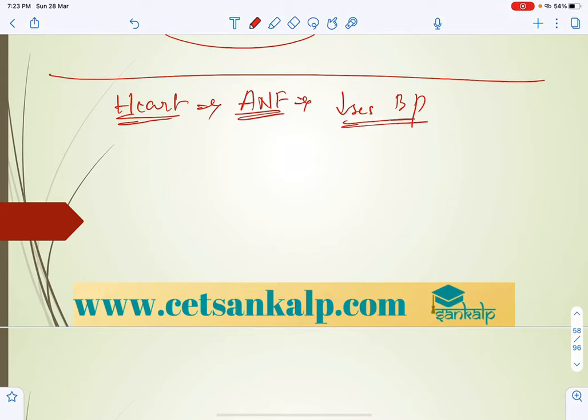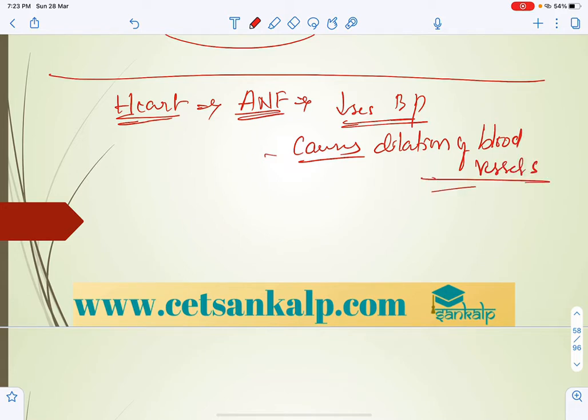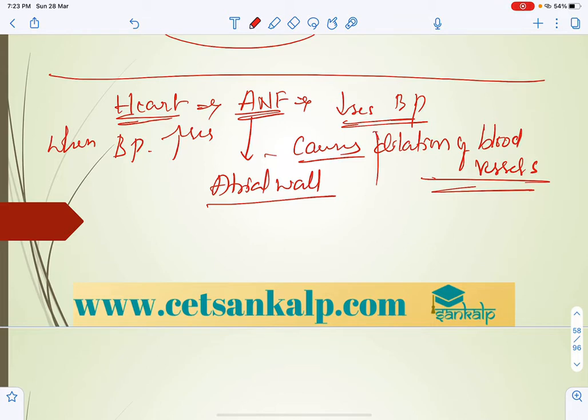It causes dilation of blood vessels. This happens when blood pressure increases and ANF is released by the atrial wall, causing dilation of blood vessels. Therefore it decreases the blood pressure.